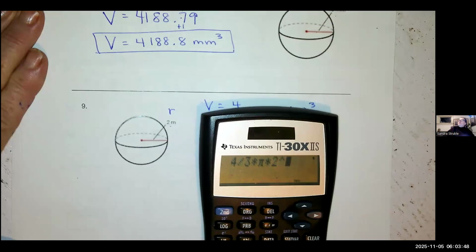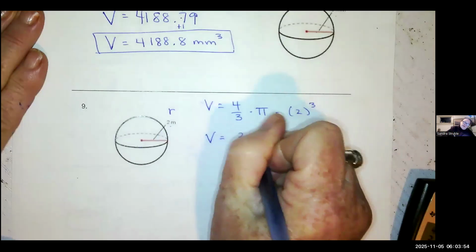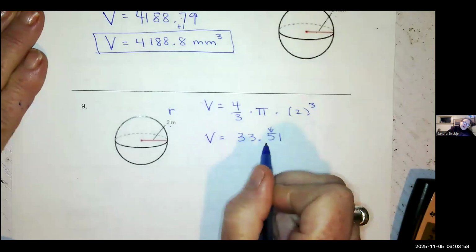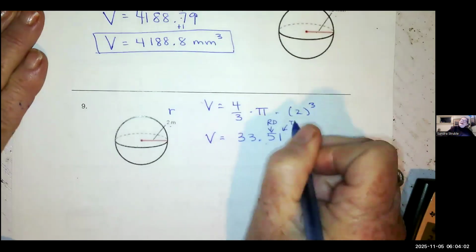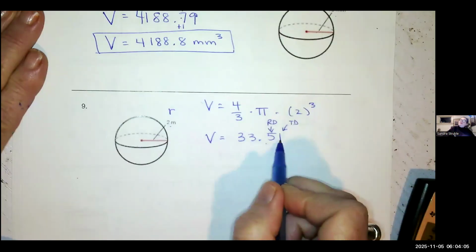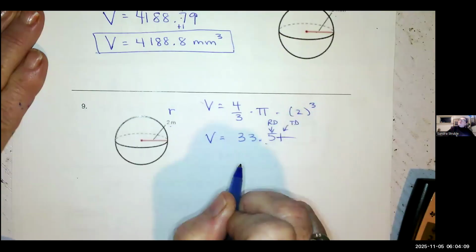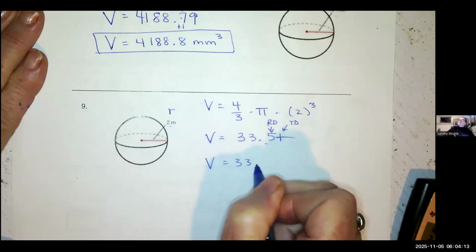And I got 33.51. I want to round to the 1 decimal place, to the tenths. That's my rounding digit. My test digit is the 1 because it is less than 5. Nothing happens to my rounding digit, the test digit, and everything after it goes away. So my volume is 33.5 meters cubed.